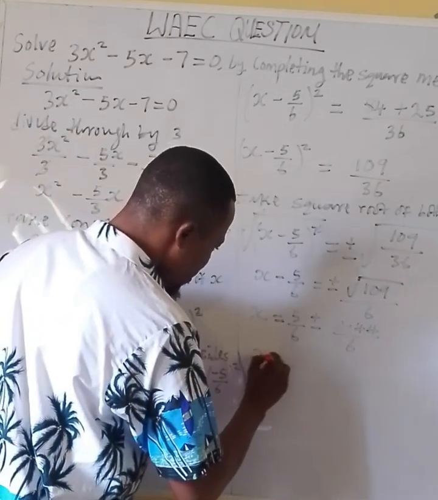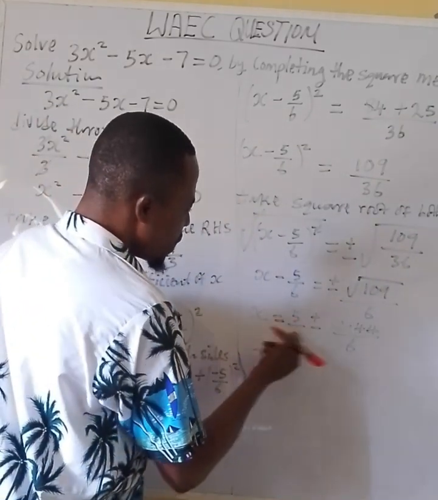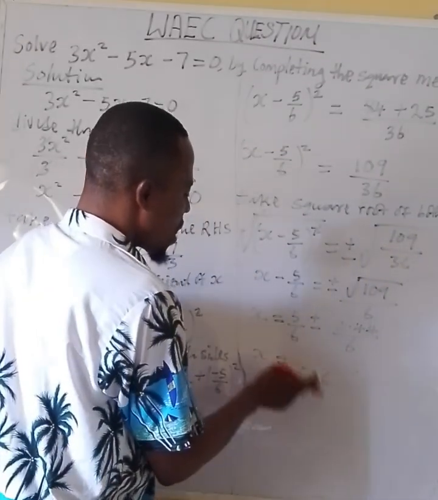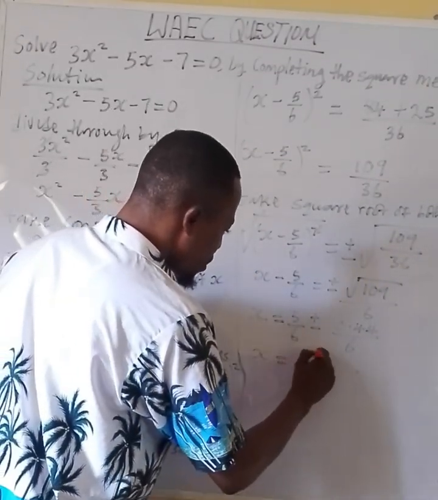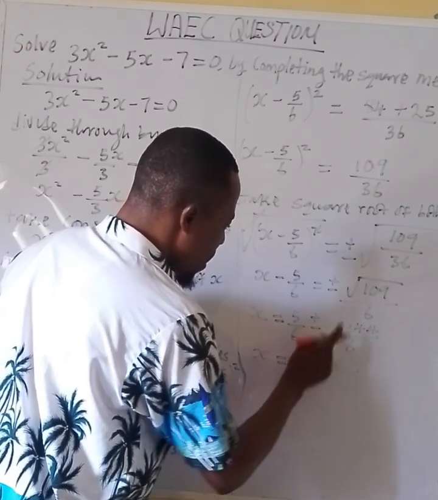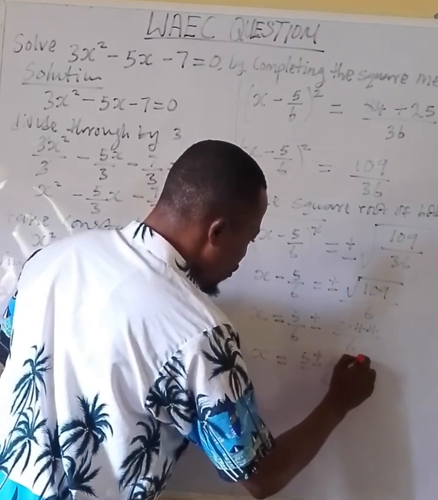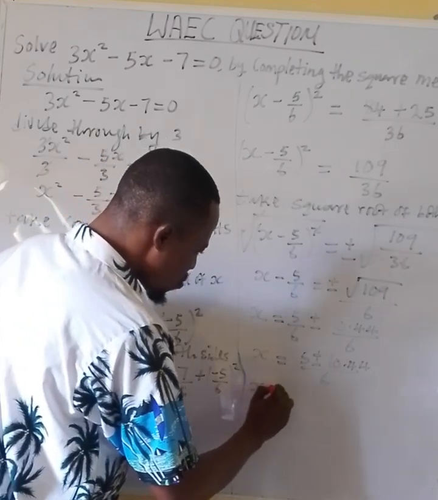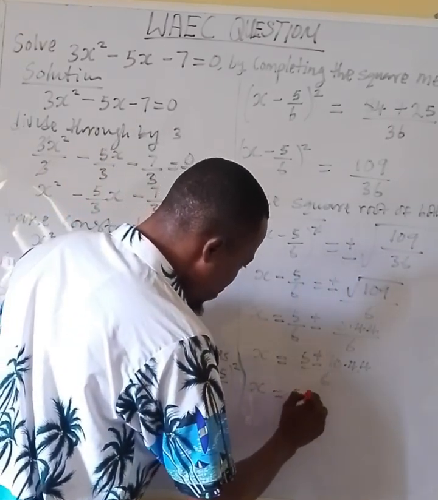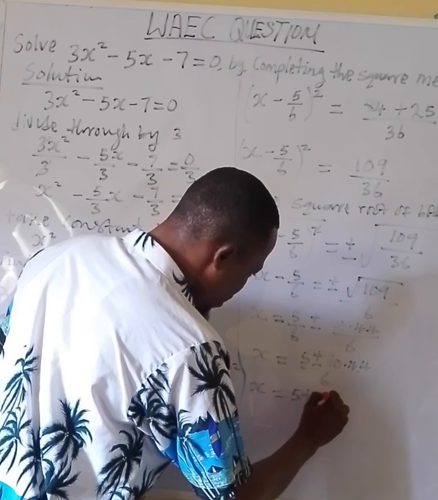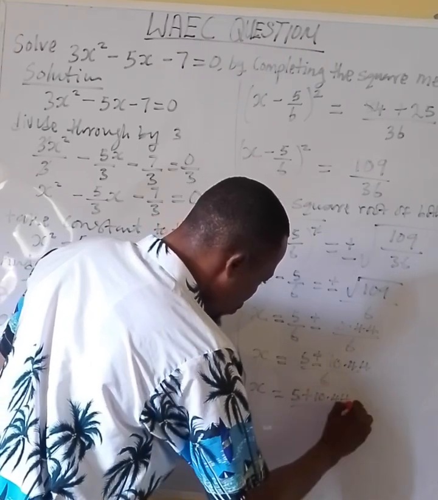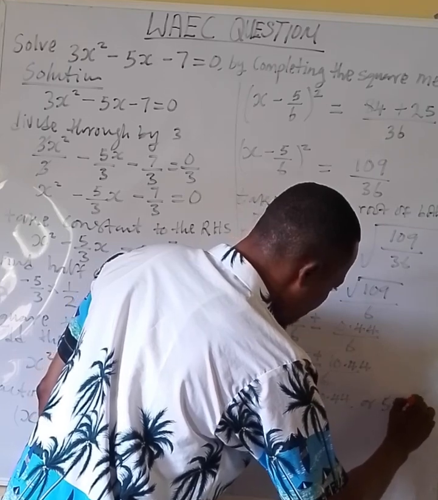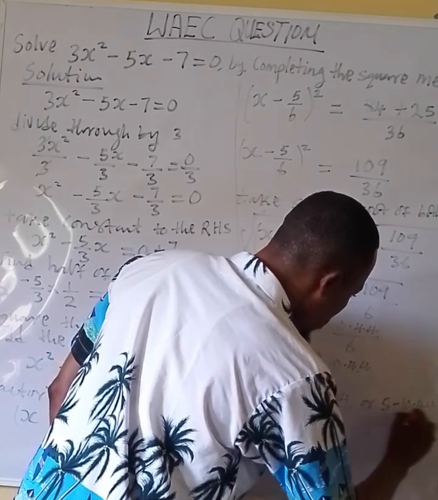So now x equals to, you know, the LCM of the two now is what? Is 6. 6 into 6, 1. 1 times 5, 5. Plus or minus 1 times 10.44. So which means x equals to 5 plus 10.44 over 6, or 5 minus 10.44 over 6.